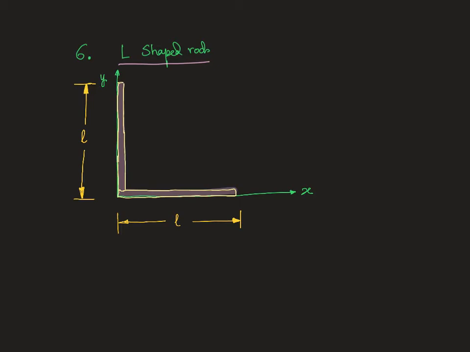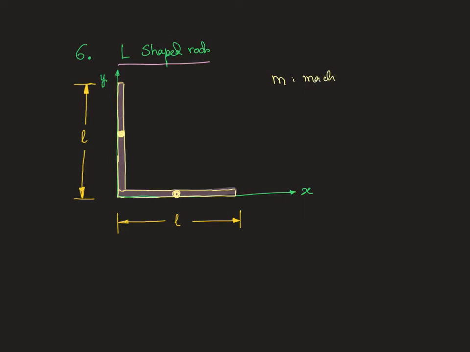As you see, both rods will have the same length and same mass also. So the upper rod has its center of mass at the point shown, and the x-axis rod has its center of mass here.